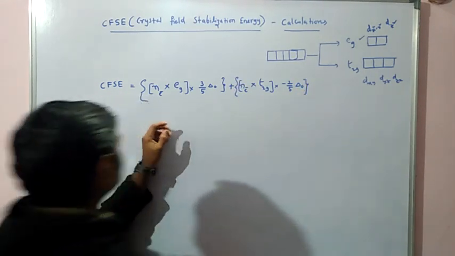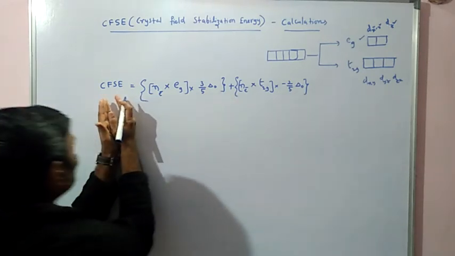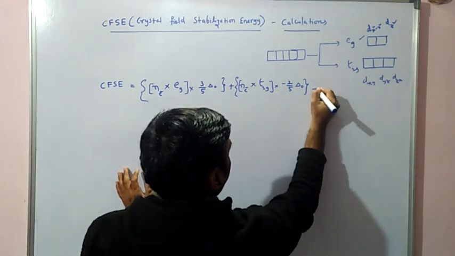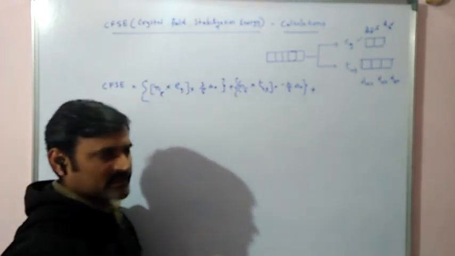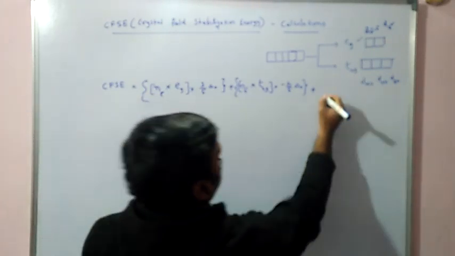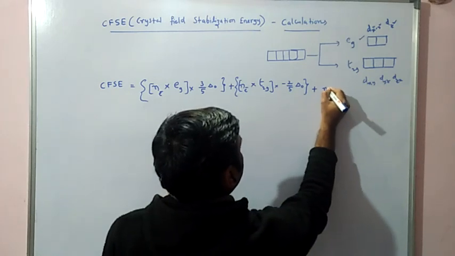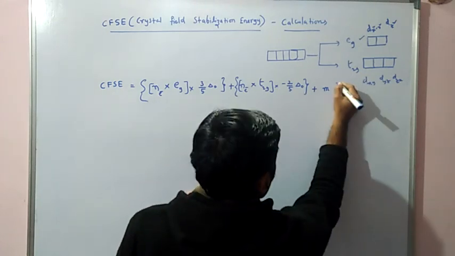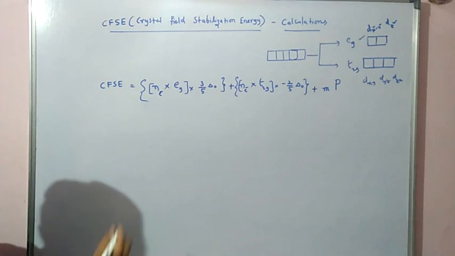So we have added 2 parts in this. To get the overall crystal field stabilization energy, we should add the number of paired electrons, meaning how many electron pairs are there. Using that electron pair, we can use the symbol small m, or you can write x, into capital P. P is nothing but pairing energy.